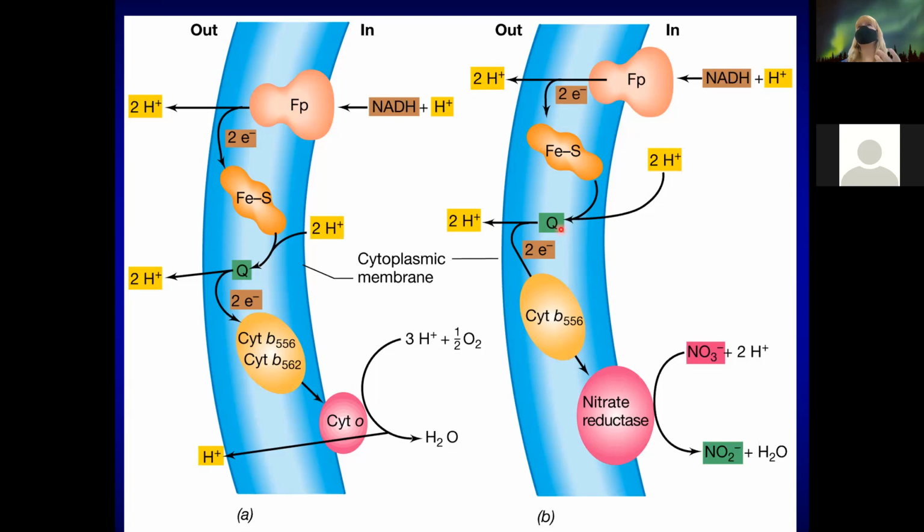So they break it down into these step-by-step little processes where they have this transfer of electron to this donor, to this acceptor. Then this one will give it to the quinone pool, and this one gives it to cytochrome B. And so this step-by-step process of electron transfer creates these little bursts of free energy to allow for proton pumping.